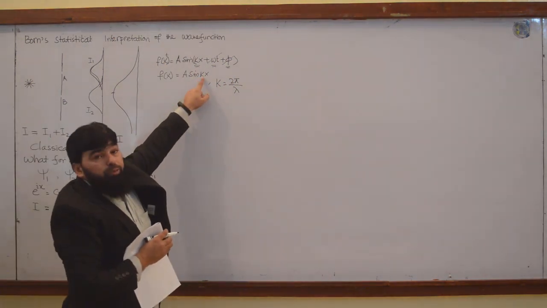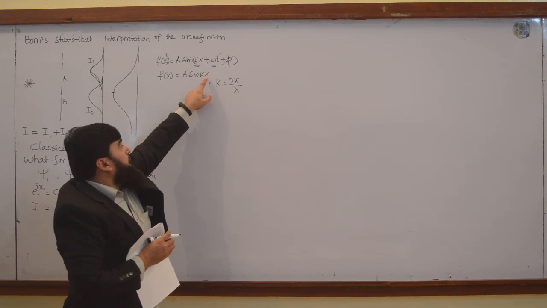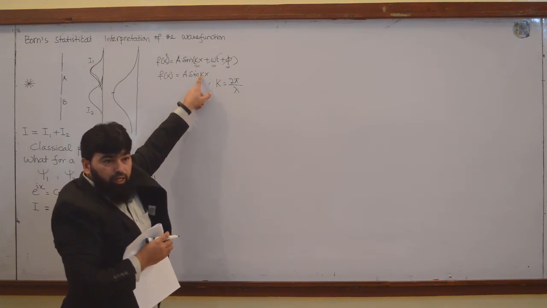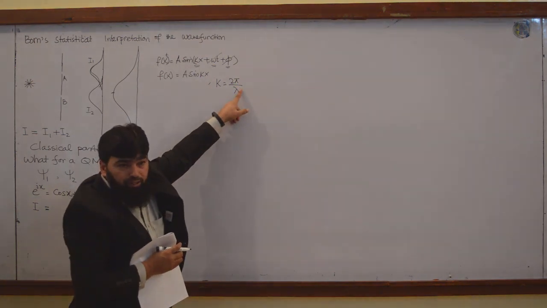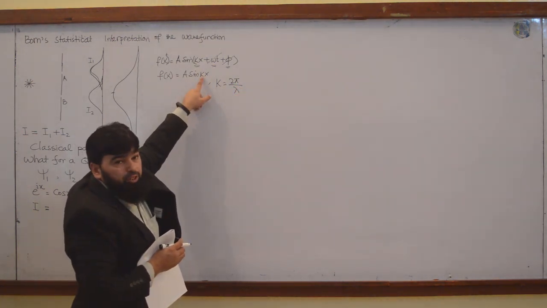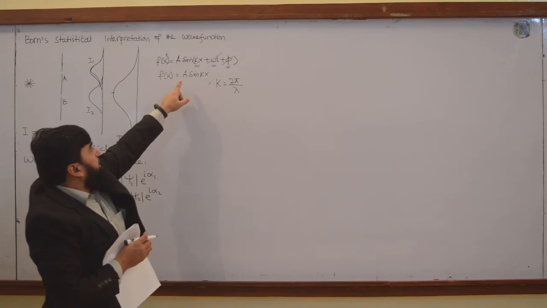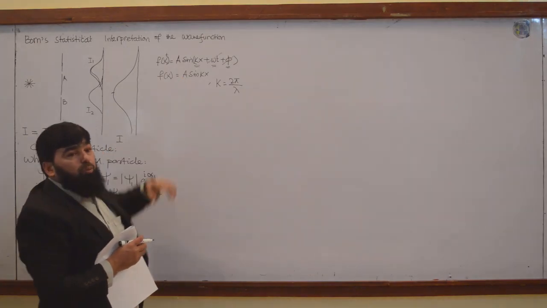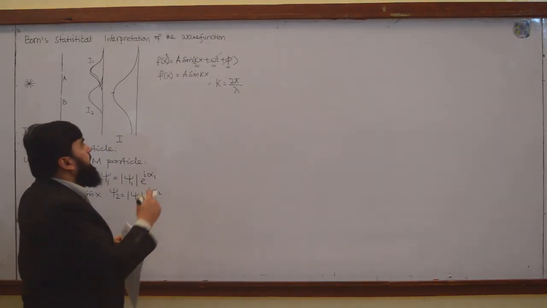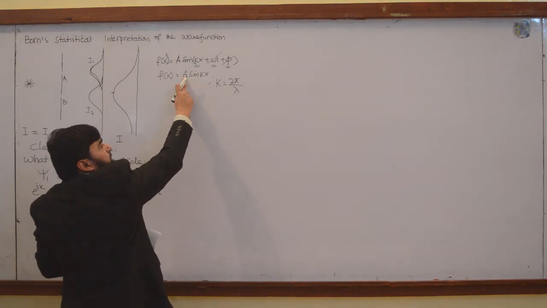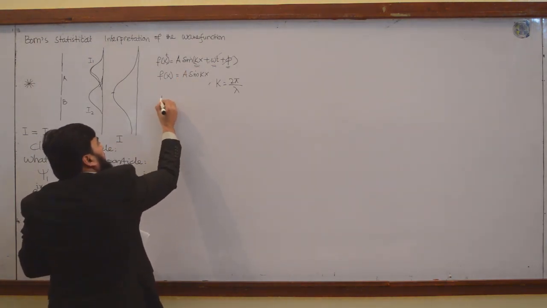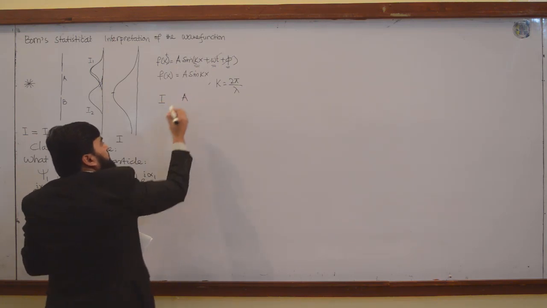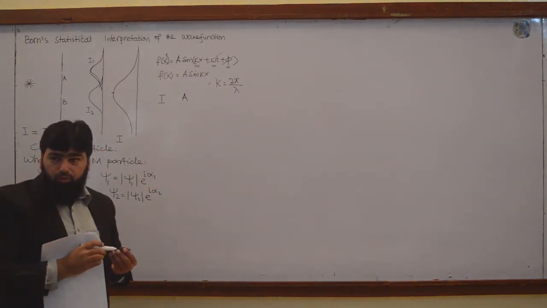This argument should be dimensionless. So x is length, and k should be 1 over length, so this becomes dimensionless. Now A is the amplitude of this wave. This we call the coefficient, this we call the amplitude. What is the relation between the intensity and the amplitude of a wave? You know this relation?